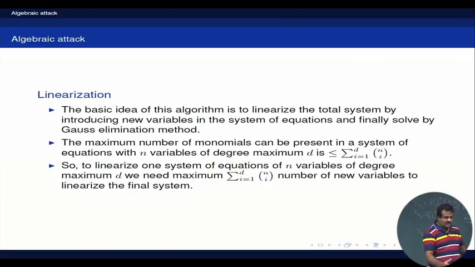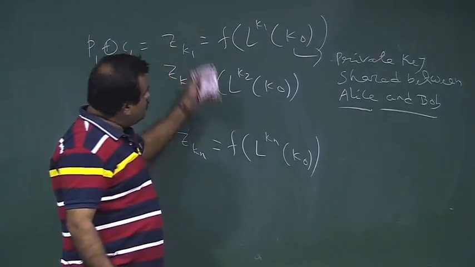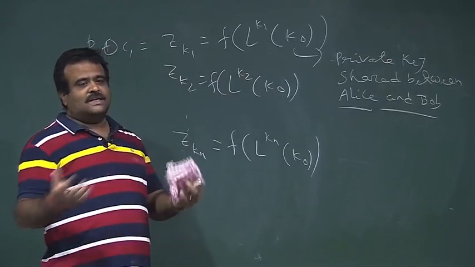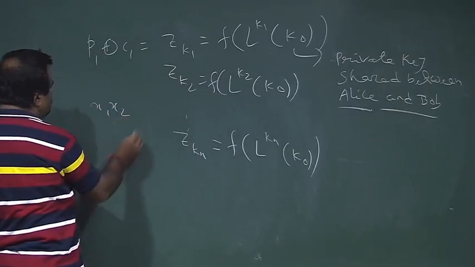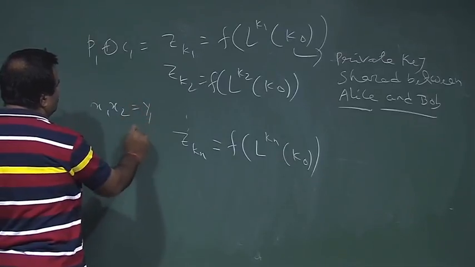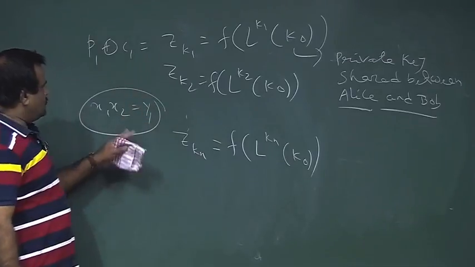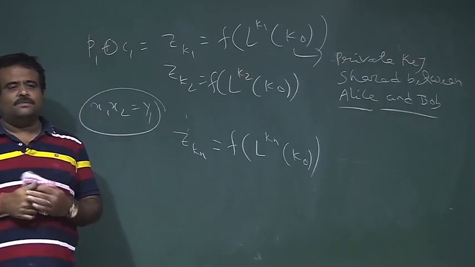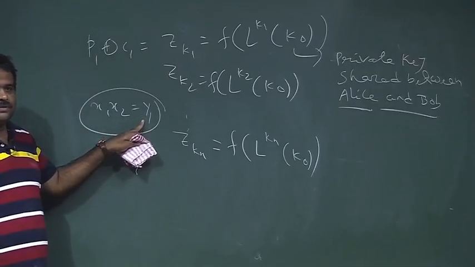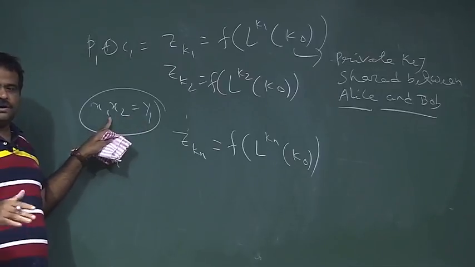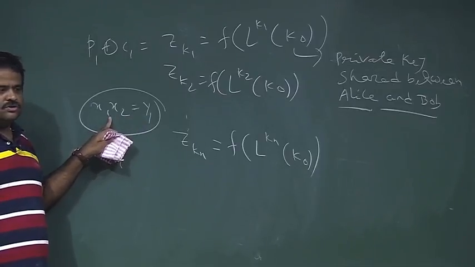If we have a term like x1 x2, this is not linear, but we can put this as y1. That way we will solve this. Once we solve it in terms of y1, we will then get the solution for x1 and x2. This is called linearization.